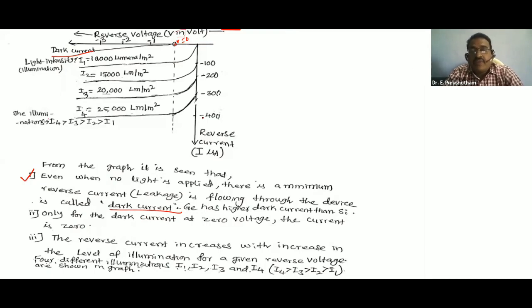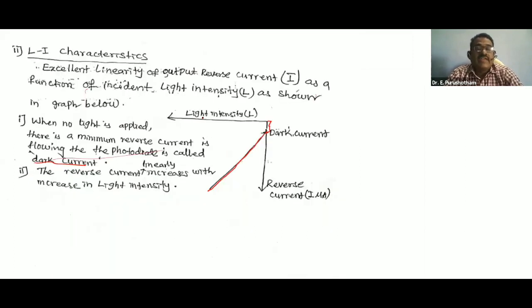Germanium has higher dark current than silicon. Second point: for the dark current at 0 voltage, the current is also 0. The reverse current increases with increase in the level of illumination for a given reverse voltage. Now the L-I characteristics.